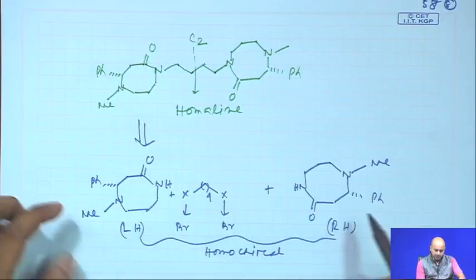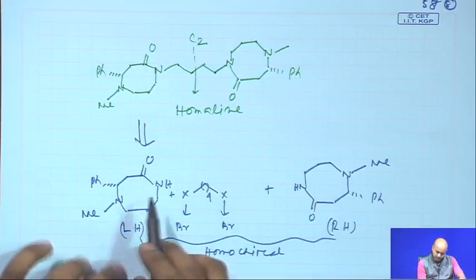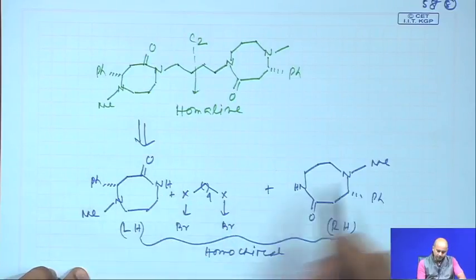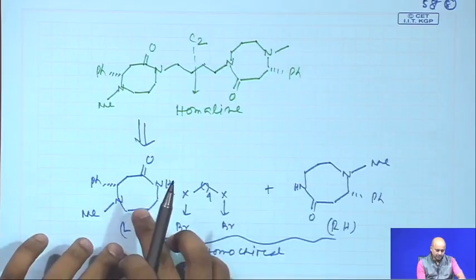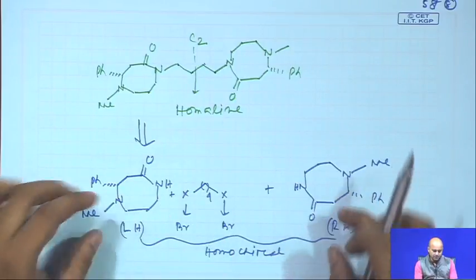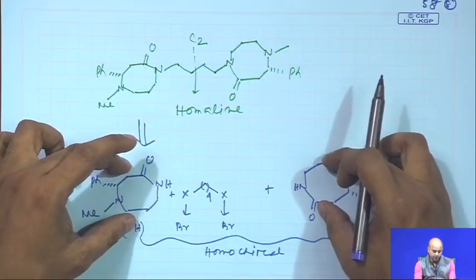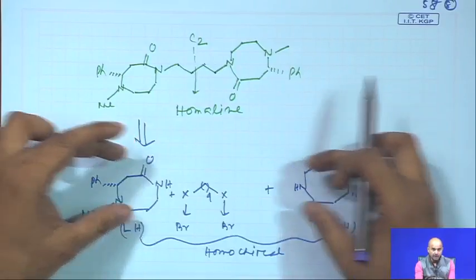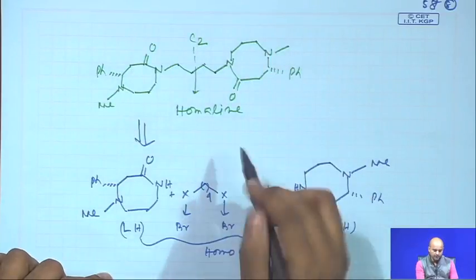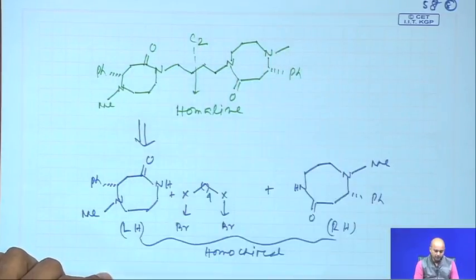So, now you can make it, and do not worry if you cannot make this compound, but your visualization should guide you. If you have two same sets of chirality, you can just join them through an achiral spacer to give you a perfectly C2 symmetric molecule.